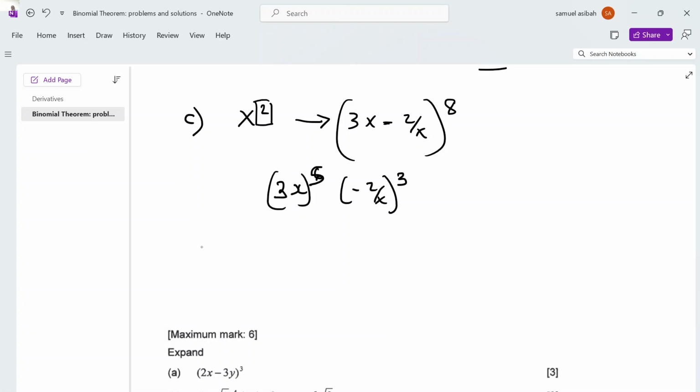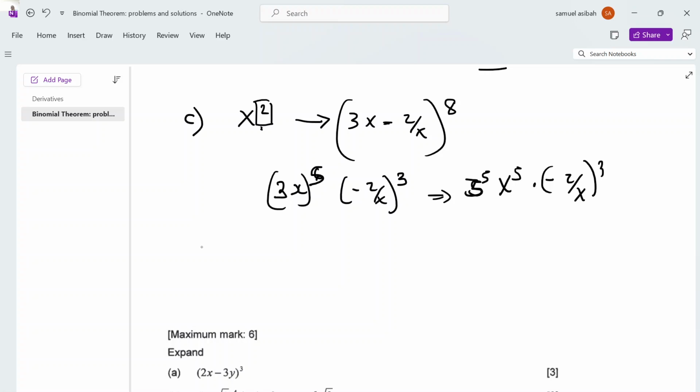That's all. Look at what will happen: we shall have 3 raised to 5, x raised to 5, multiplied by negative 2 over x raised to 3. So x raised to 5 over x raised to 3 leaves x raised to 2.